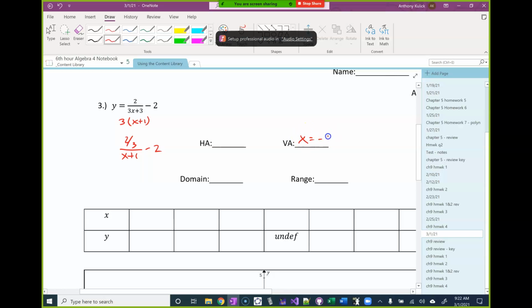Since I've written it in form 1 there, we can see that the h is -1, so the vertical asymptote is x equals -1, right? But what I wanted to point out is that regardless of the form, 1, 2, or this form, the vertical asymptote is just where the denominator is equal to 0.